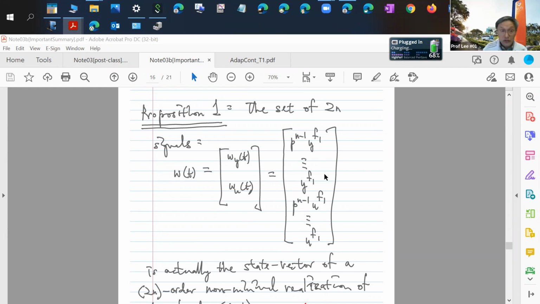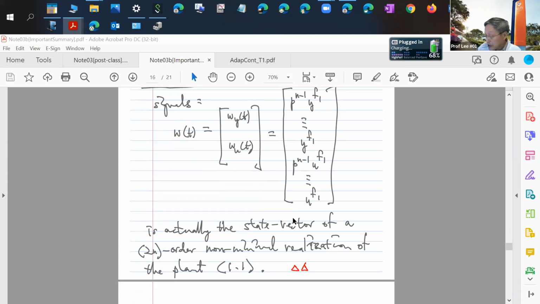These 2N signals, you can carefully show that they actually form a state vector of your system. You generate those things, and these 2N signals actually form the state vector of your system, except it's 2N order.